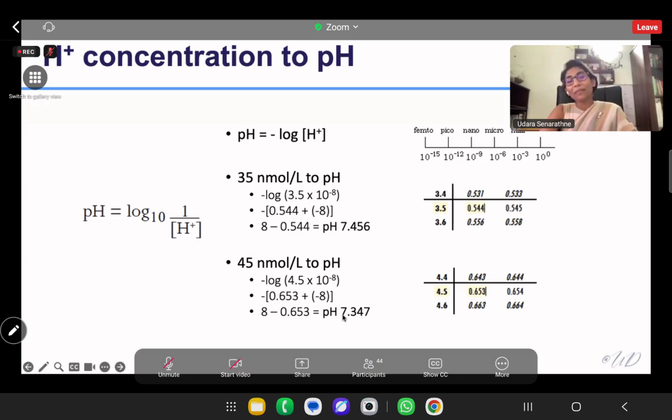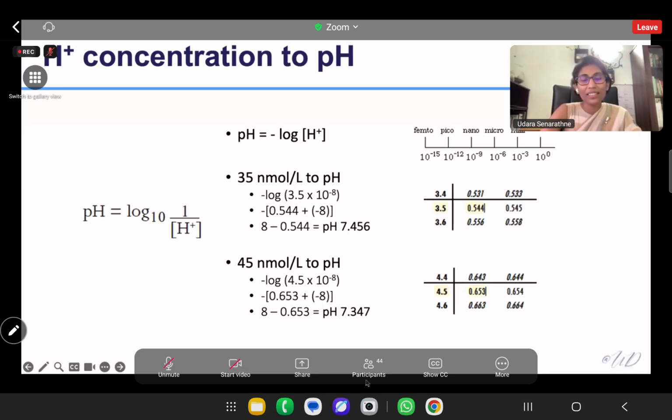Now, next, if your H+ concentration is increased by 10 nanomoles, if your concentration is now 45 nanomoles per liter, the pH would drop down to 7.347.